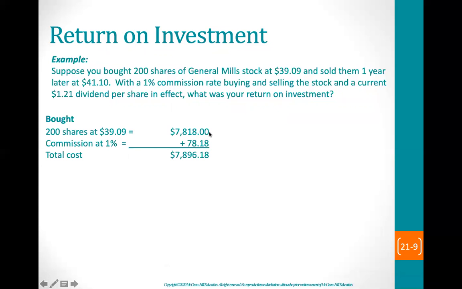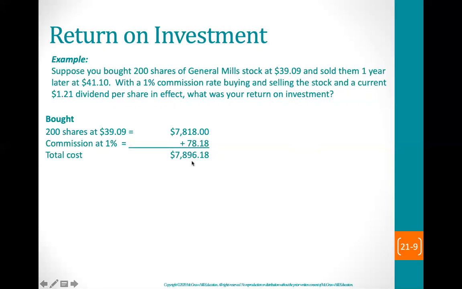So the shares themselves cost $7,818. But we also paid a 1% commission on the total cost. So 1% commission on the $7,818 is $78.18. So the total cost of the 200 shares is $7,896.18.